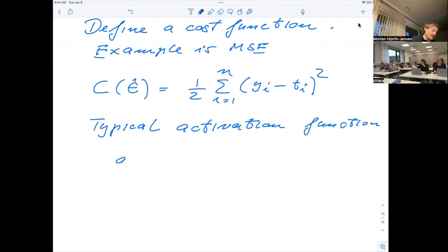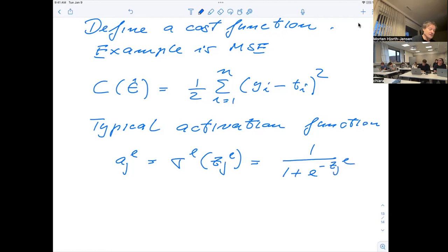So I'm going to have an a_j^L, which is now given by this specific activation function in that layer. And in our case, this is just going to be the sigmoid function in the example which now follows, of minus z_j^L. So these are the preliminaries which we now need in order to set up the backpropagation algorithm.